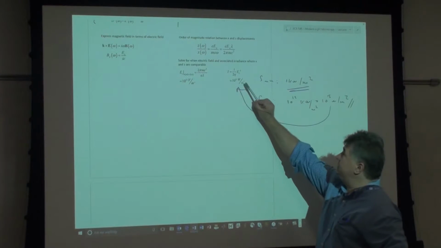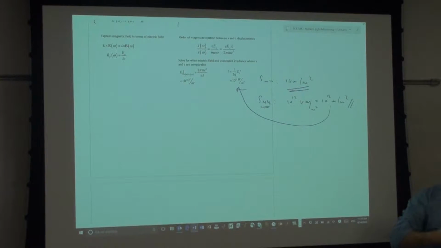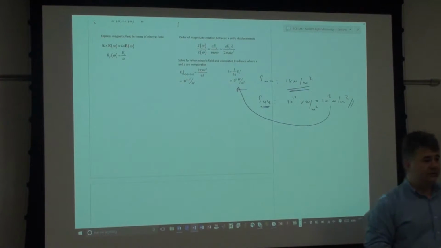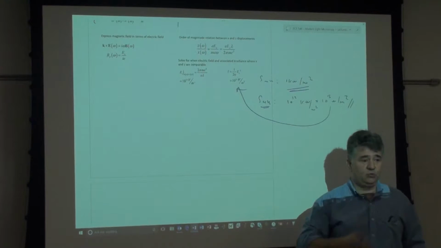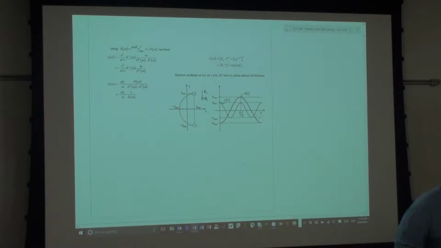Why? To take the same amount of power and focus it down to a small area to come close to this threshold where interesting things happen. There are exceptions, but most of the nonlinear methods use a focused beam, in confocal-type geometries. All right, let's move on.